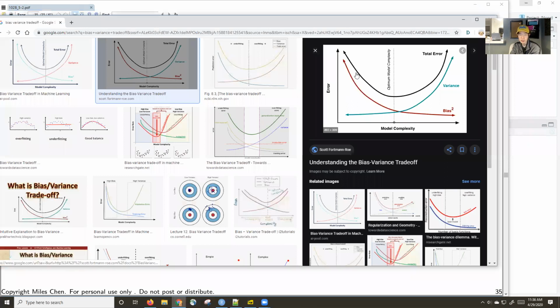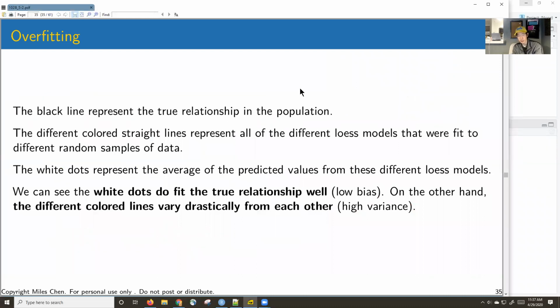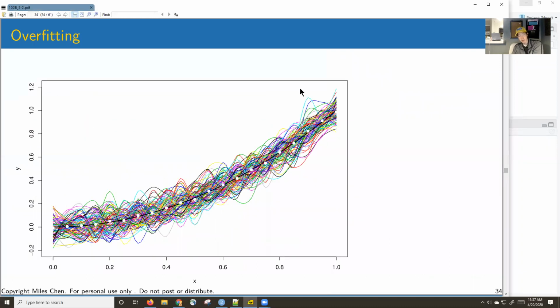So the linear model was high bias, low variance. The white dots don't fit the true relationship well, but the variance between predicted lines is low. But the spaghetti lines for Loess have low bias in that they fit the true relationship very well, but there's a lot of variance from one fitted value line to another.